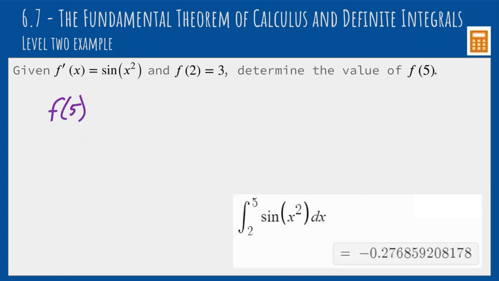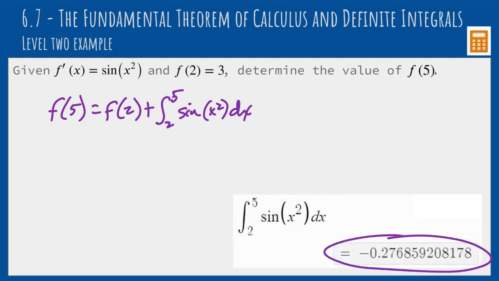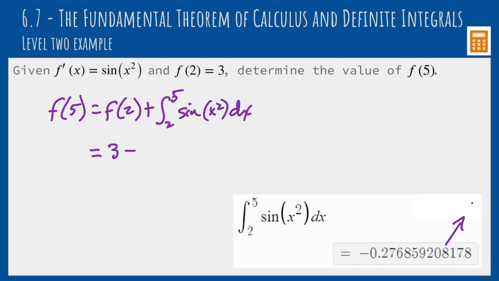So again, we got f of 5 equals f of 2 plus the integral from 2 to 5 of sine of x squared. This is going to equal 3 minus, I'm going to call this, let's say I stored this in my calculator for a.